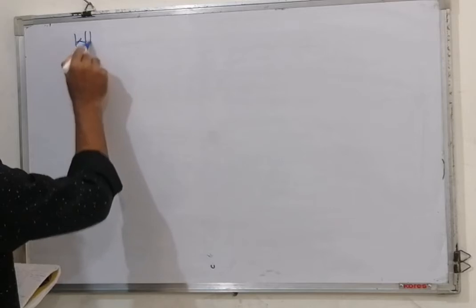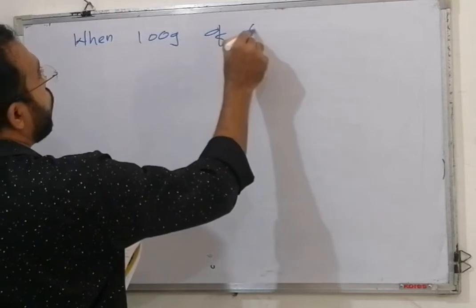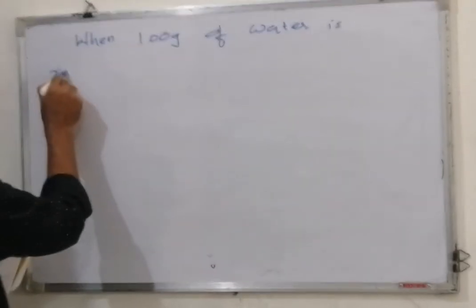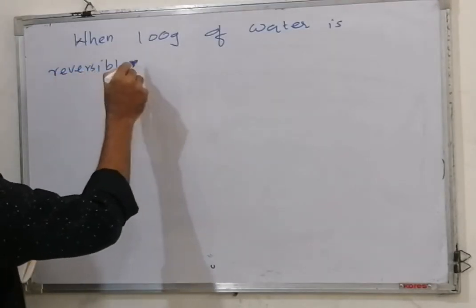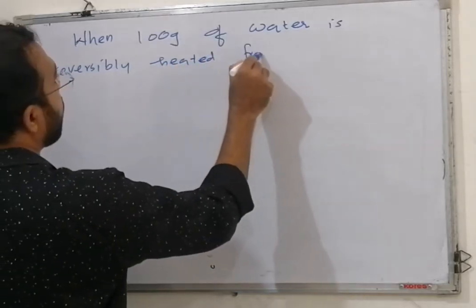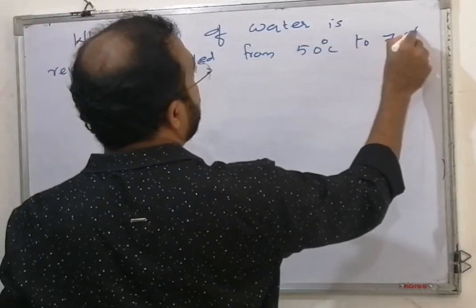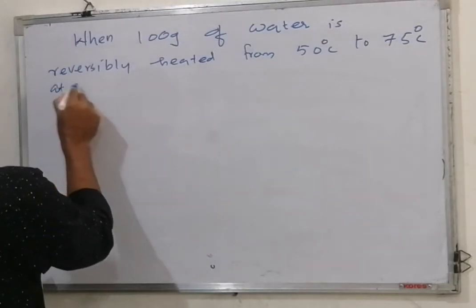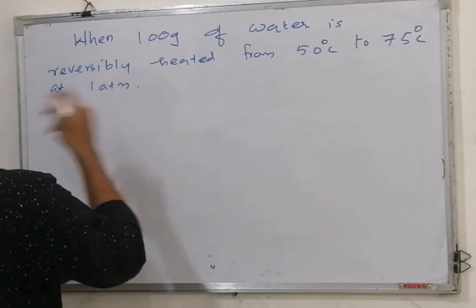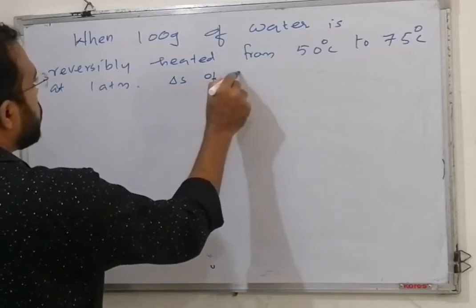When 100 gram of water is reversibly heated from 50 degrees centigrade to 75 degrees centigrade at 1 atm, what is the change in delta S of the universe?